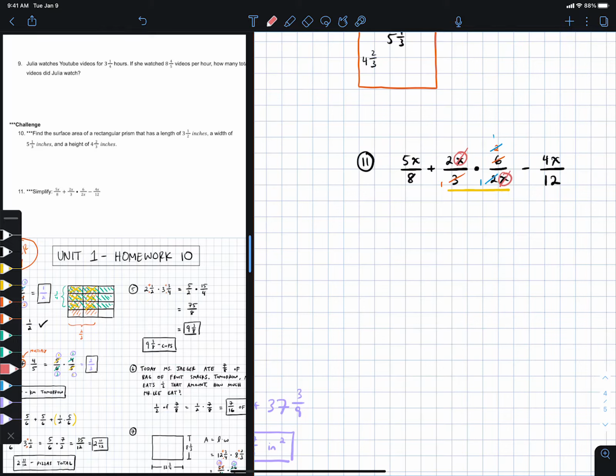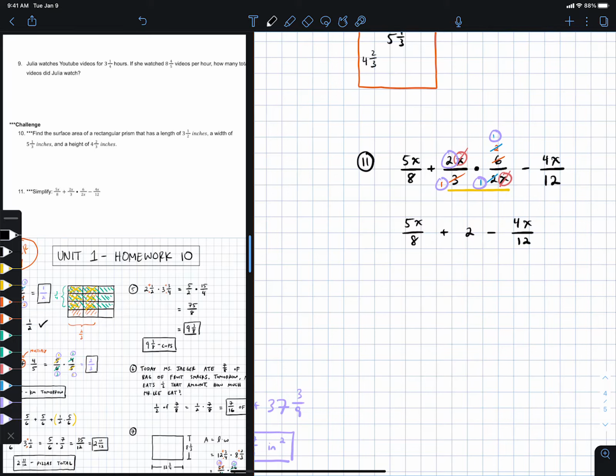So the only thing we have left in the middle is, let's clean this up, 2 times 1 on top and 1 times 1 on bottom. So we have 2 over 1, which is just 2, which is interesting. So we really have here 5x over 8 plus 2 minus 4x over 12.